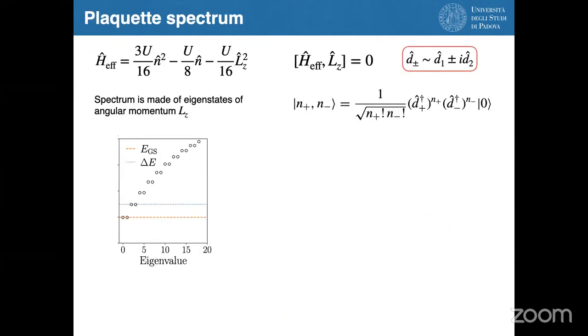Now let's gain a bit of intuition on this single plaquette. The spectrum is easy to compute because the angular momentum doesn't change the number of particles, so it commutes with the Hamiltonian. I can go to the basis of the angular momentum states. So the plus chirality and the minus chirality eigenstates can be used to construct any many-body wave function. How do you construct it?